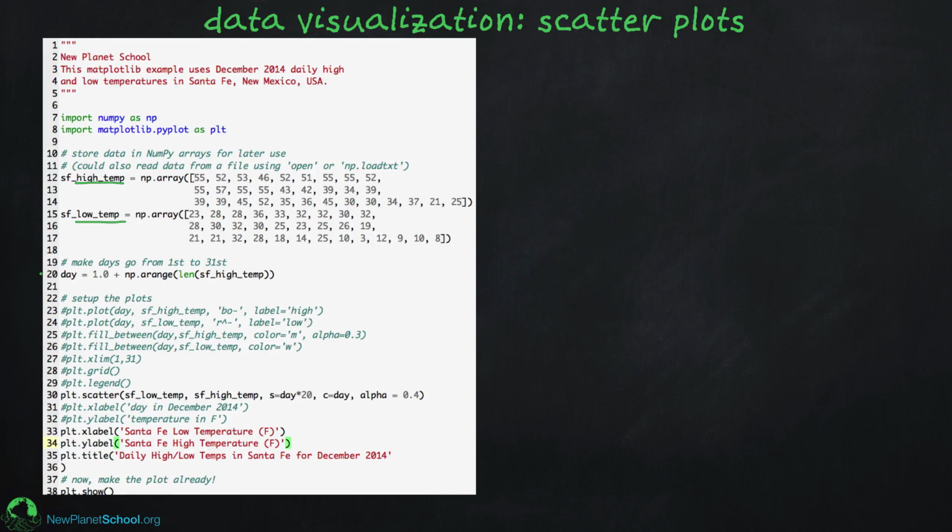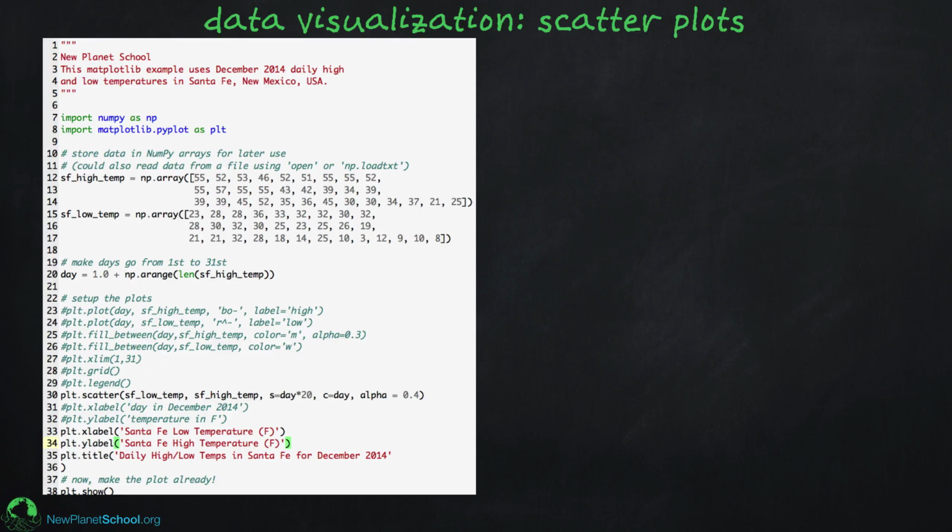Taking the tip that I gave in the beginning of the video, I went back and pulled up that script that I had before for plotting the Santa Fe temperature data, and I simply commented out all of the lines that I had before because I wasn't going to use them, but maybe I want to use them later. And I said, now I'm going to use the data in a different way, and it's very simple.